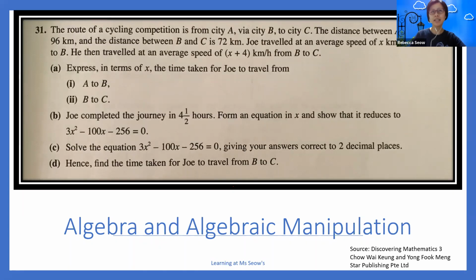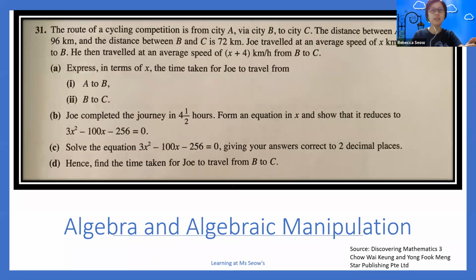Express in terms of X the time taken for Joe to travel from part 1, A to B, part 2, B to C. Question B. Joe completed the journey in 4.5 hours. Form an equation in X and show that it reduces to 3x squared minus 100x minus 256 equals to 0.